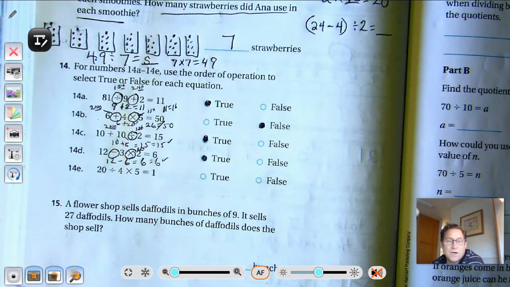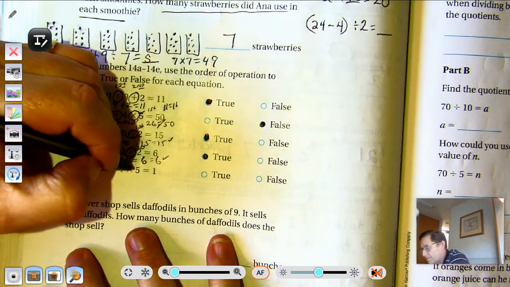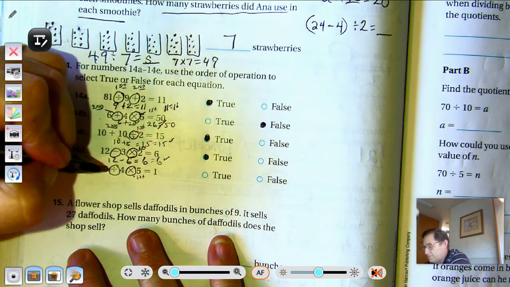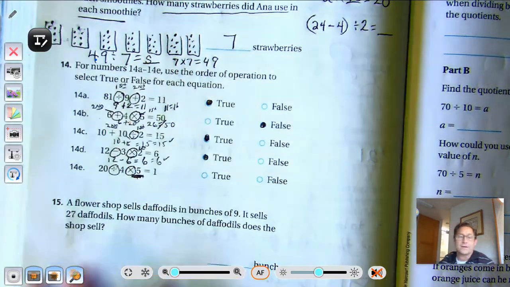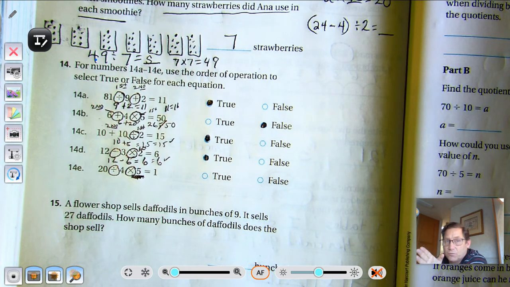And the last one, 20 divided by 4 times 5. So we're going to multiply first. Oh, no. Okay, so all we have is multiplication and division in this problem. So the order of operations rule says multiply and divide left to right.